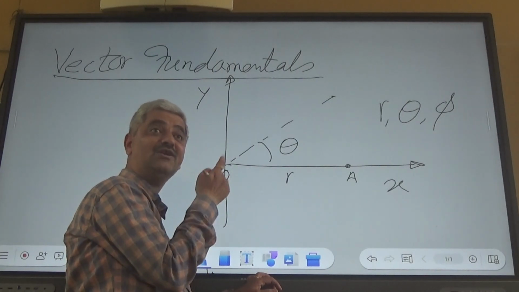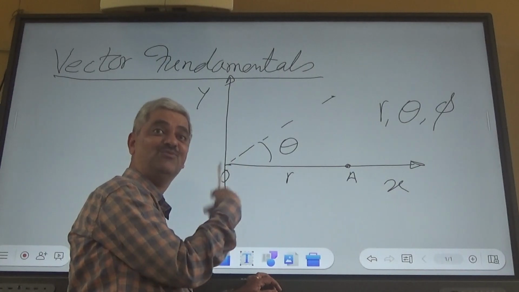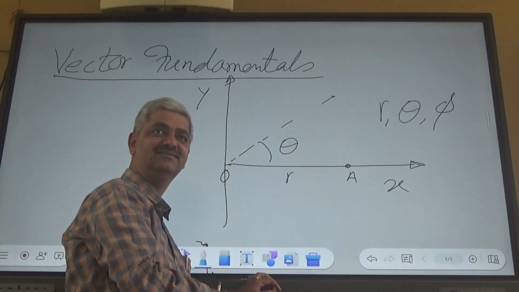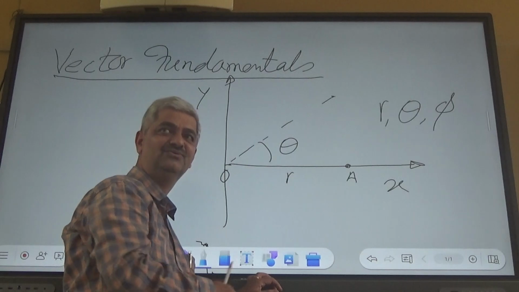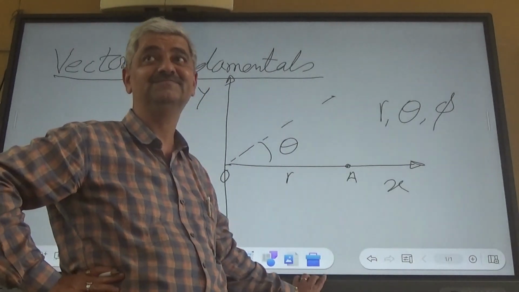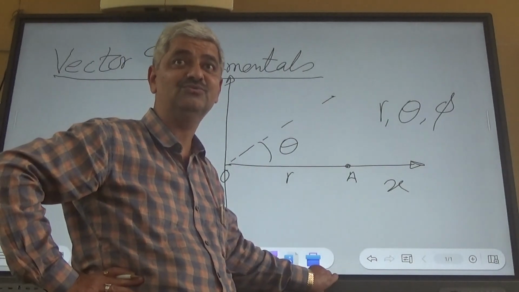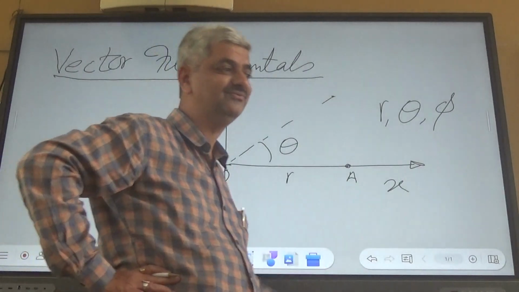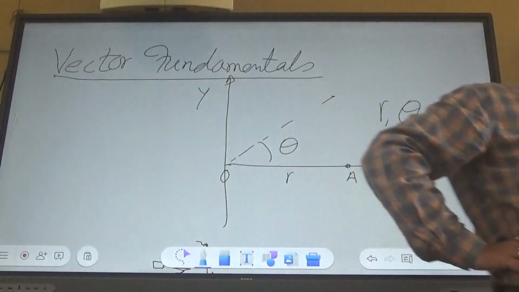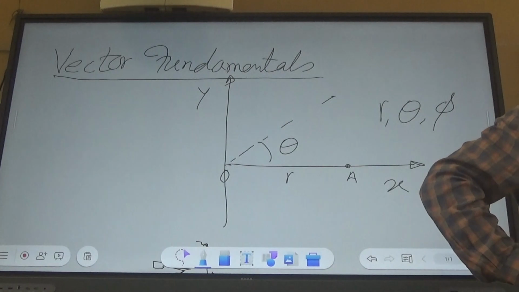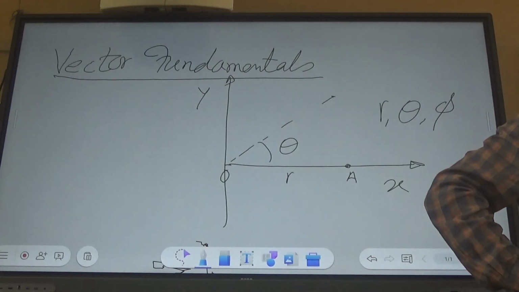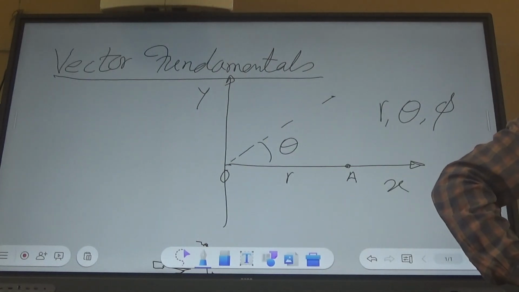So what angle does the projection subtend with the positive x-axis? It is indeterminate. The angle is not defined. You can claim the angle to be anything.